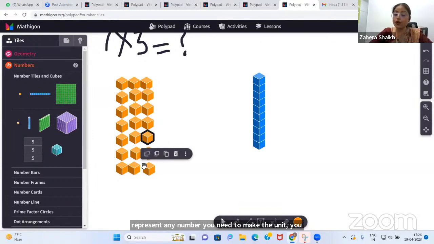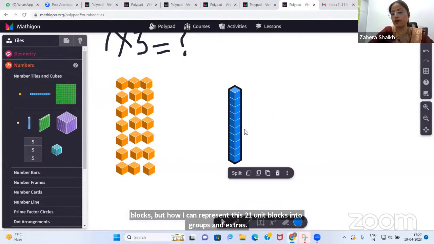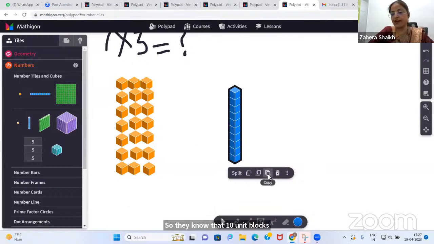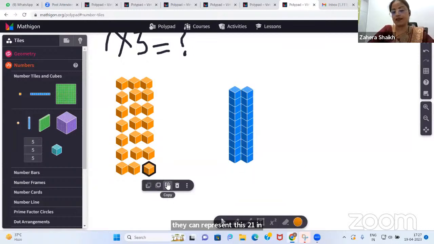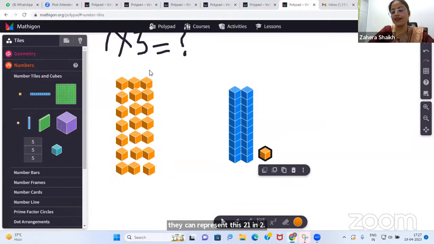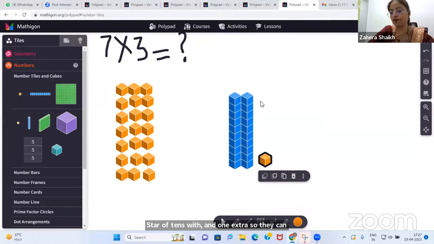Okay, I have 21 unit blocks, but how can I represent these 21 unit blocks into groups and extras? They know that 10 unit blocks make 1 tower of 10. So they can represent this 21 as 2 towers of ten with 1 extra. So they can visualize the same product in 2 different ways.